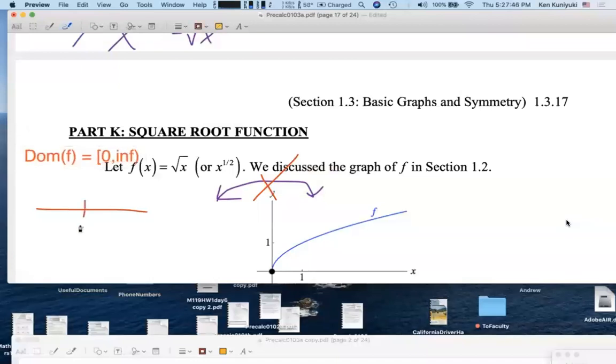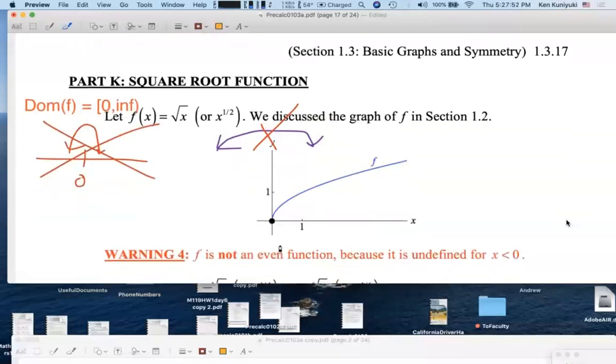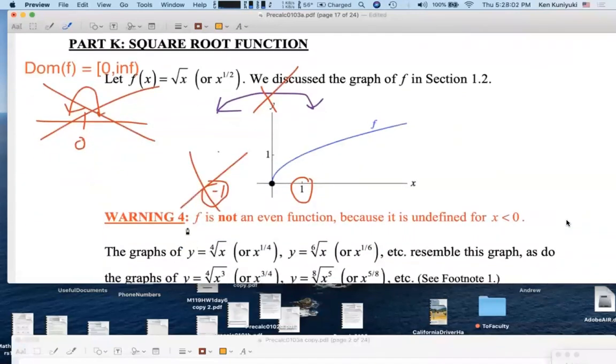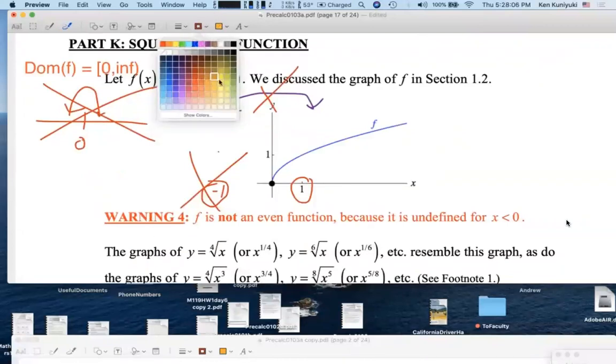It is not symmetric about 0. For example, 1 here is in the domain, but its partner opposite value, -1, is not in the domain. So the square root function, although it sounds like it, is not an even function.